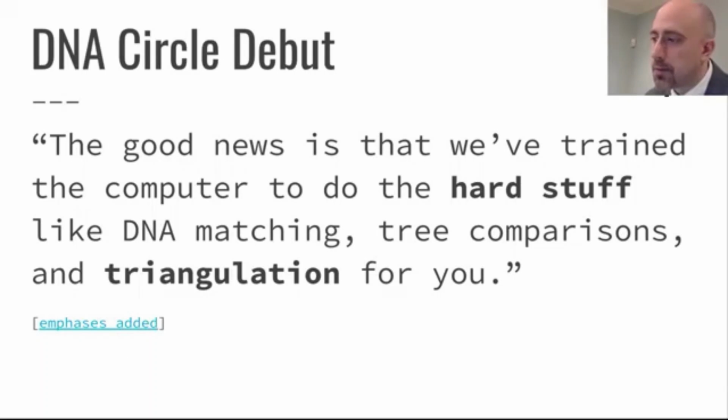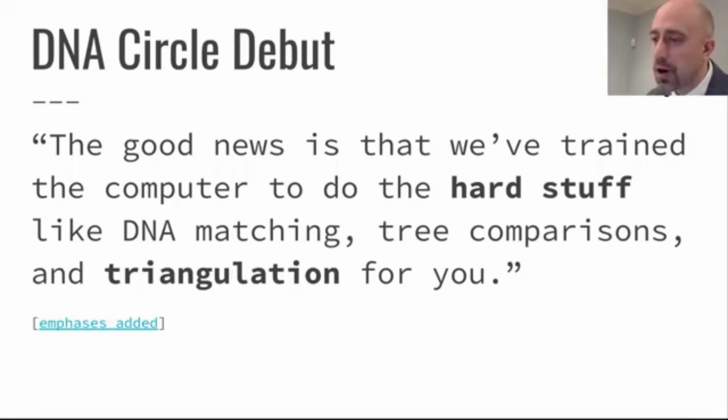One of the initial descriptions of the DNA circles from AncestryDNA was that DNA circles were designed to do the, quote, hard stuff like DNA matching, tree comparisons, and triangulation. Unfortunately, I think the DNA circles have fallen far short in this category.